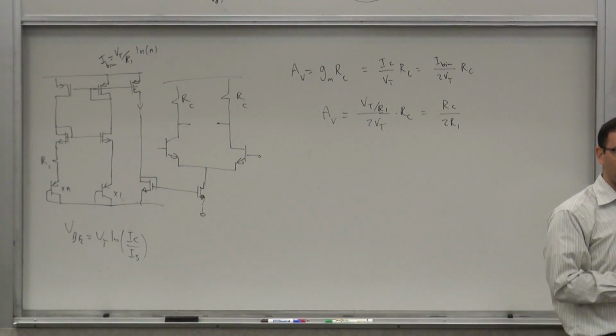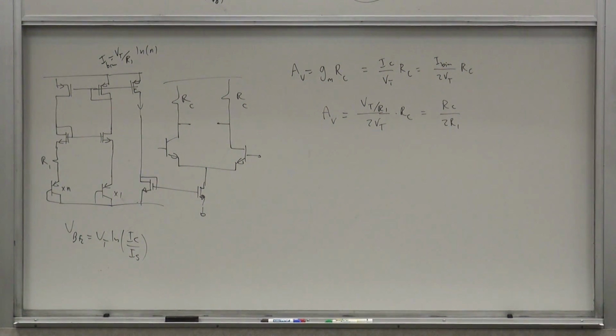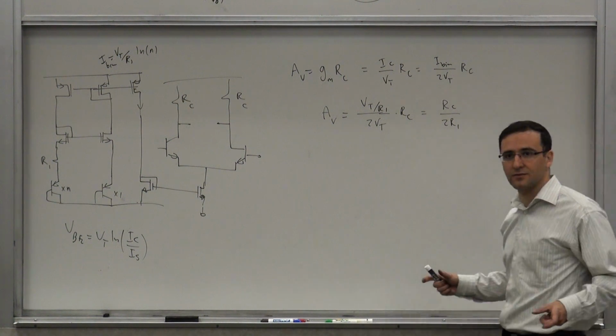So it's independent of supply. Now, if I wanted to make it independent of process and temperature, what do I need to do about RC and R1? You make them out of the same kind of material. So you don't use a polyresistor for one and a diffusion resistor for the other.